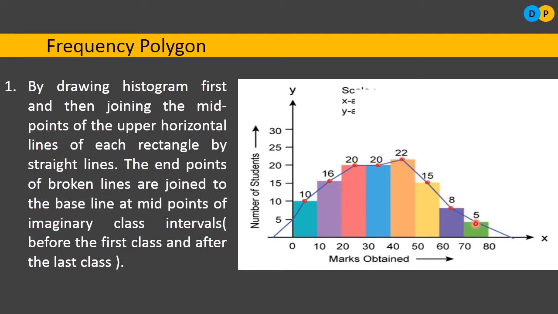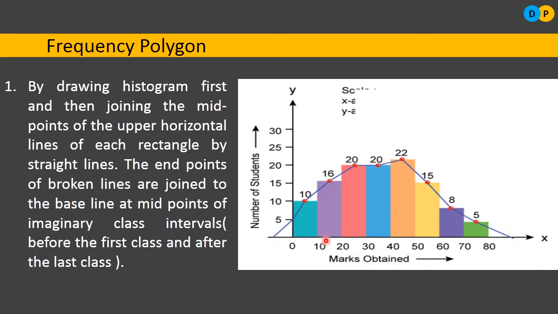Then what do we do with the endpoints of the broken lines? If you leave them, you will not get a closed area. So the endpoints of the broken lines are joined to the baseline, that is, to the x-axis.